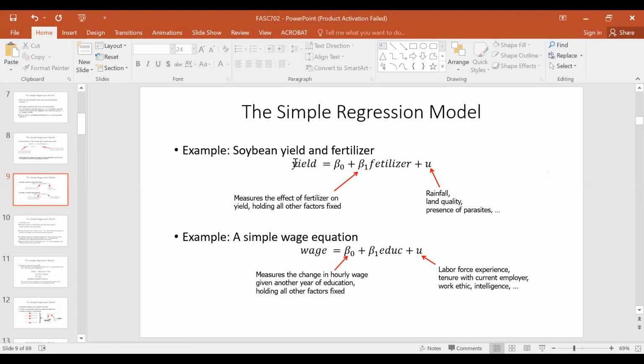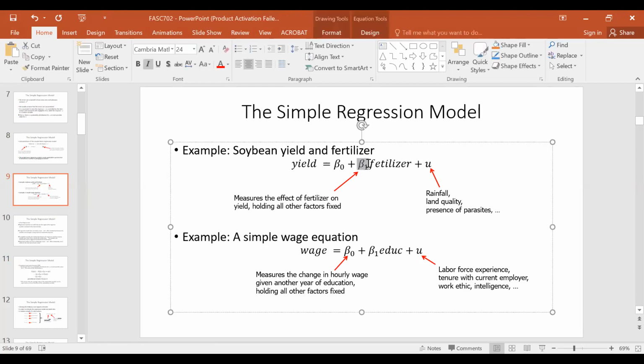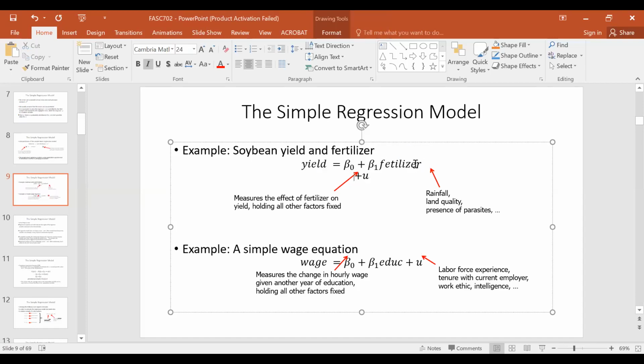So this looks like y is equal to mx plus c. I'm saying that if you were to end it here, without the u, this is the equation of a straight line. This is deterministic.